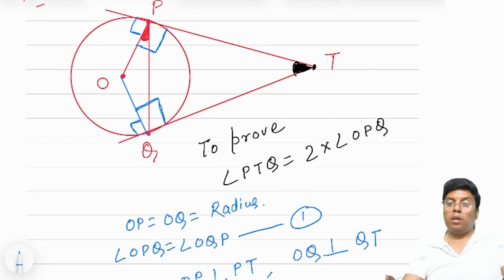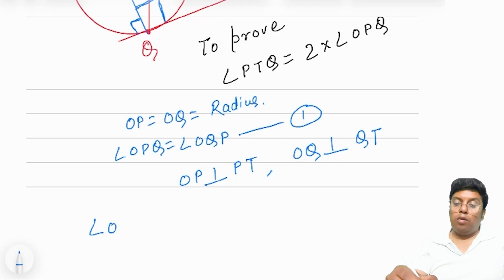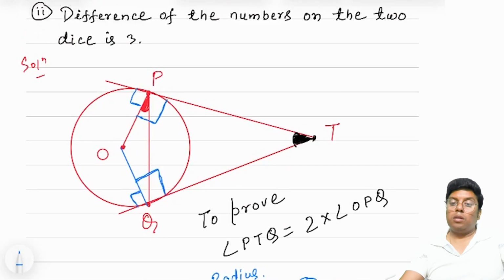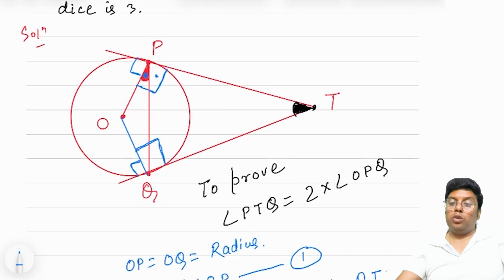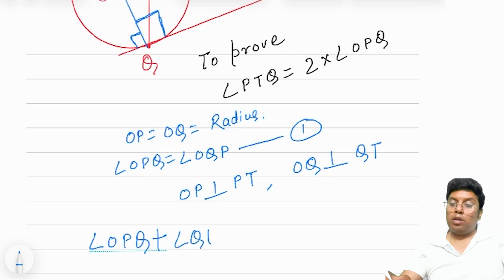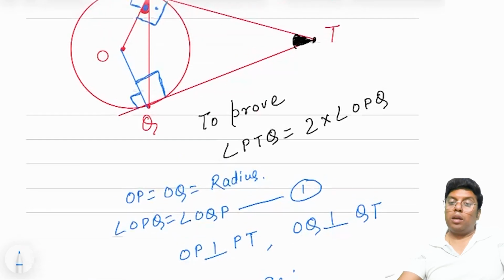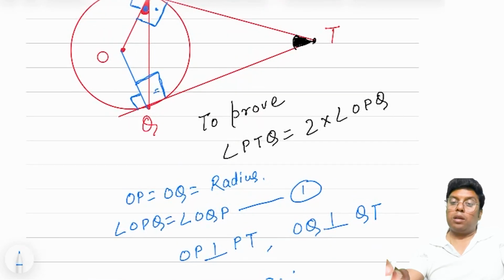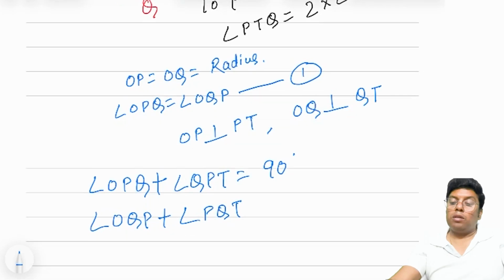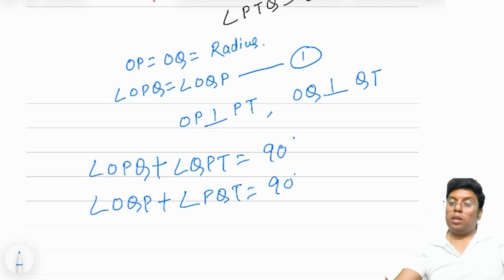So angle OPQ plus angle QPT will be equal to 90. Similarly, angle OQP plus angle PQT, this angle plus this angle will be equal to 90 degree.